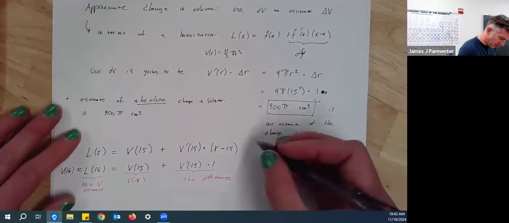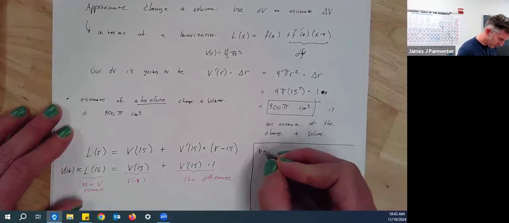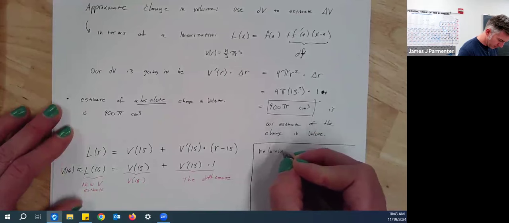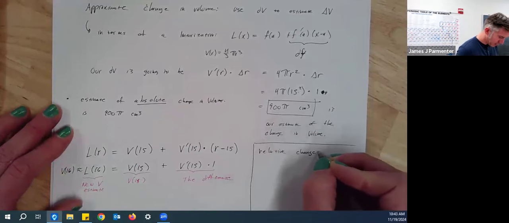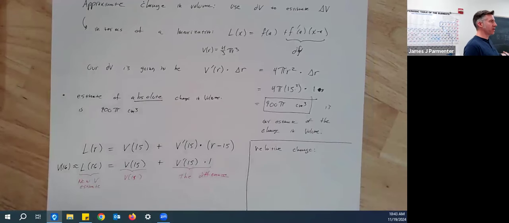The other thing we care about is the relative change. The relative change is the actual change divided by the initial amount you started with. We're not going to write that because we don't want to do the gnarly looking numbers; we want to use the nicer numbers.